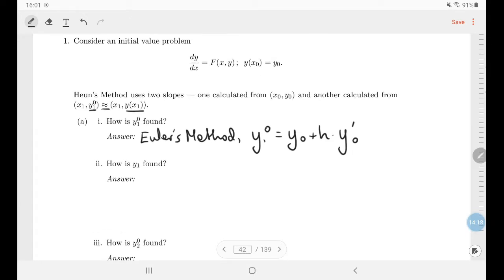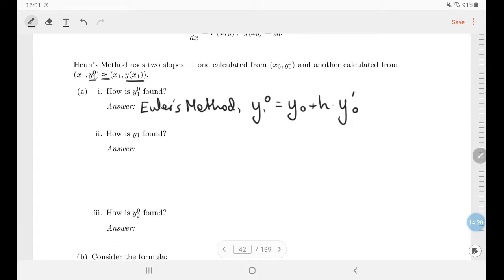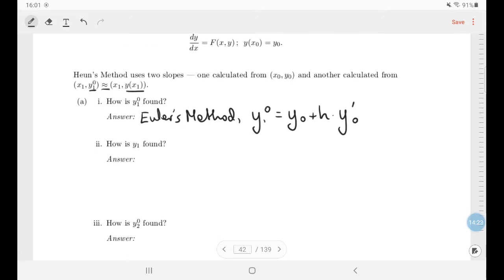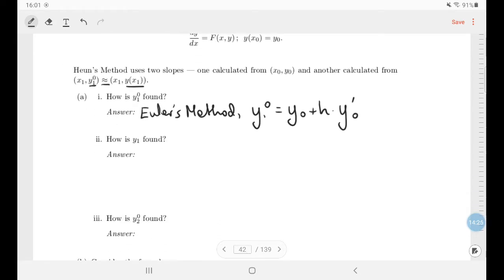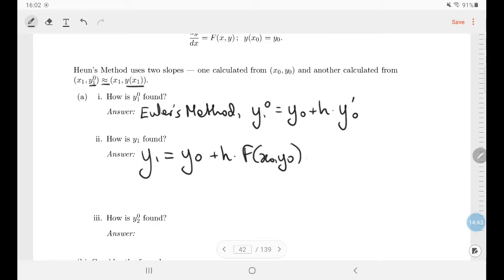Right, how is y1 found? We're going to average these two. So I think we're just going to write down the formula. The next y value is the previous y value plus the step size, and now we're going to average two slopes: the slope at the initial point, x0, y0, plus the slope at the predicted point where the y coordinate is as predicted by Euler's method.